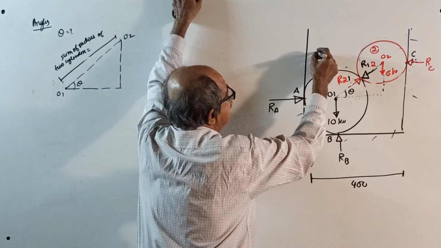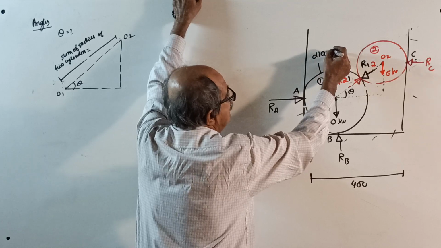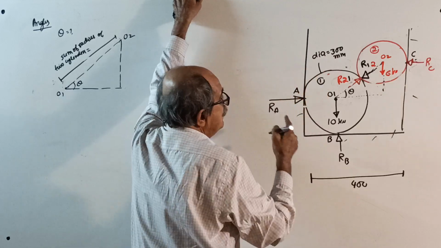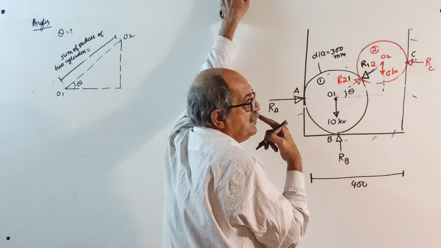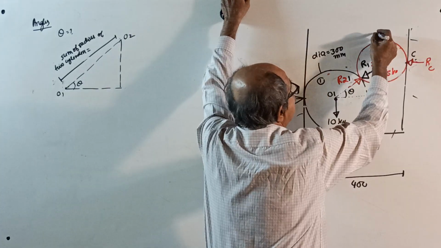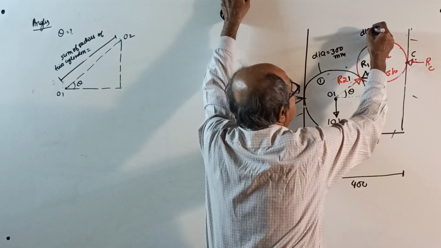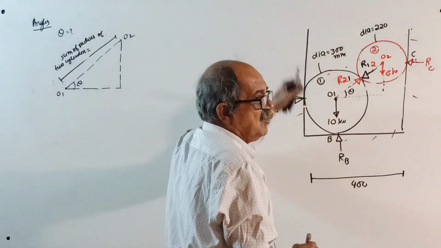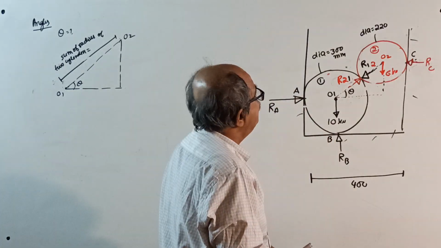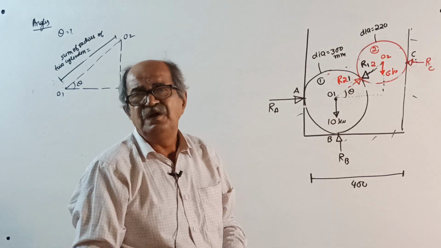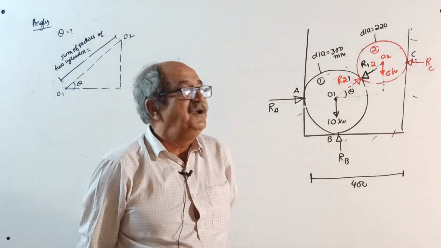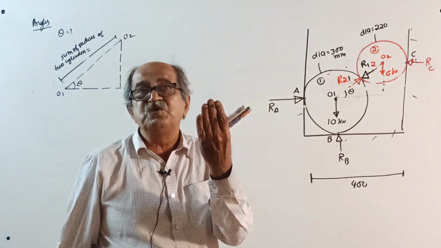Remember, this diameter is 300 mm. I forgot the other diameter. How much did I give? I forgot completely. This diameter, I think I told 220, correct? I forgot completely how much I told. I think 220. See, this is what happens when you come to class without having a solved question.